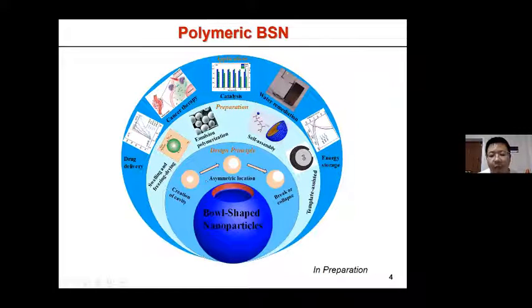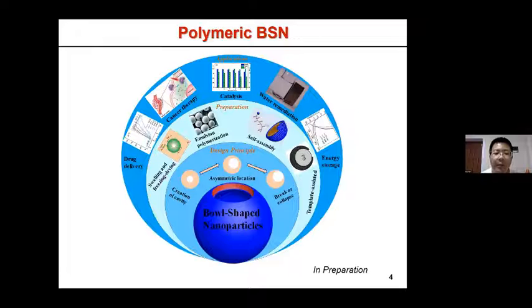If the cavity is located in the center of the sphere, then we can obtain closed hollow structures. If the cavity is not located in the center of the sphere, it will move to the thinner part of the sphere, and the break or collapse of the thinner part leads to the formation of bowl-shaped nanoparticles.